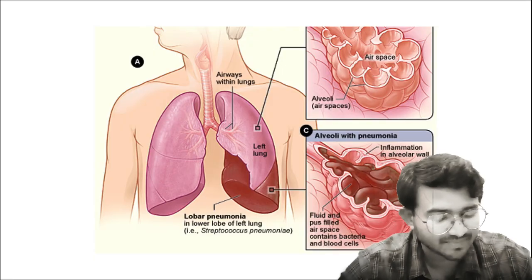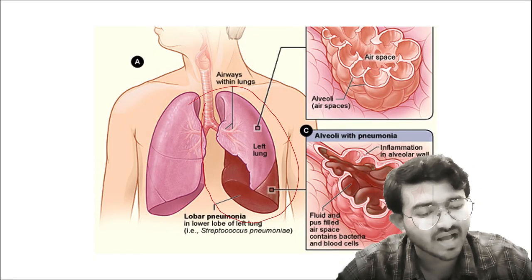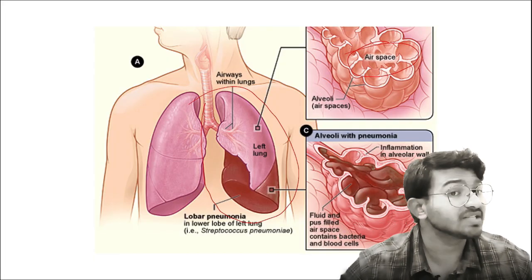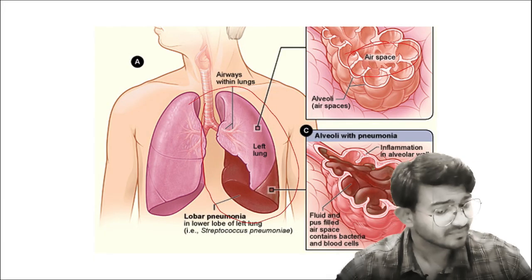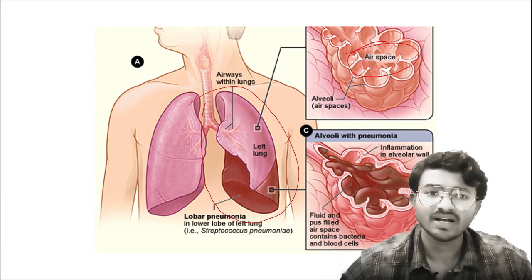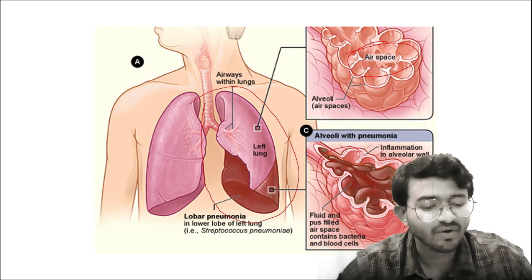Just see this image. This is the lung, and if you zoom in on the alveoli, you can see the air space. That air space helps with gas exchange. But here, whenever there is pus or inflammation, the alveoli fill totally with pus.